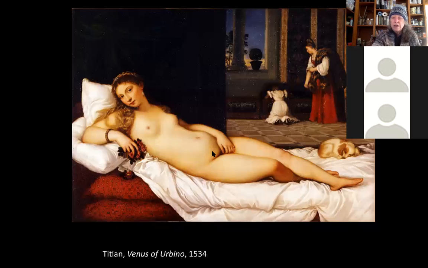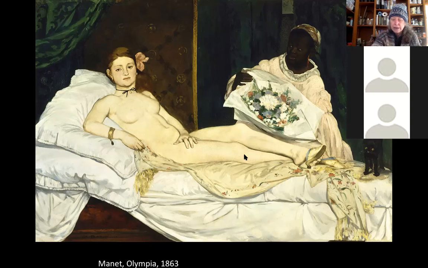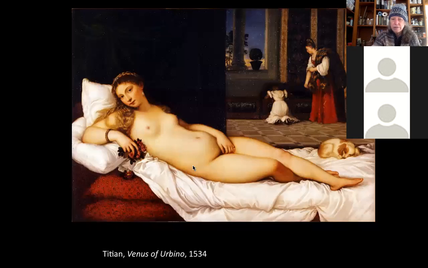All right, so it's a fairly traditional painting in a lot of ways. Here's again a Renaissance painting by Titian that's in the Louvre. So Manet had seen this painting, and he could base his own painting on this. Instead of a cat, she has a cute little dog.